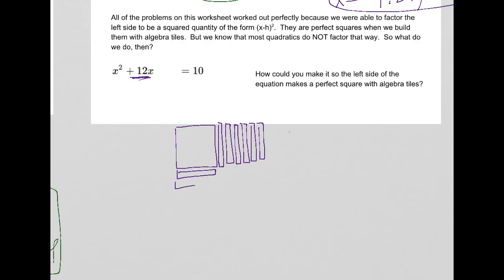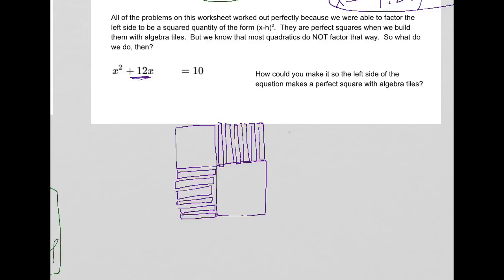1, 2, 3, 4, 5, and 6. Clearly my horizontal ones aren't as good. So this is not a complete square, right? I have all of this space down here that is empty right now. What am I going to be putting to fill in that space?